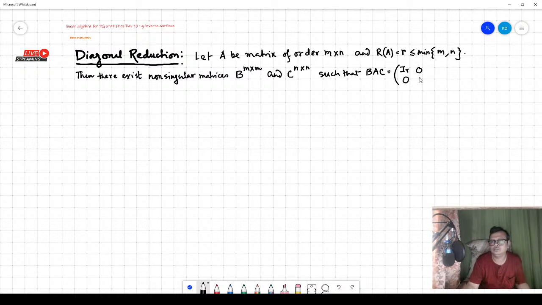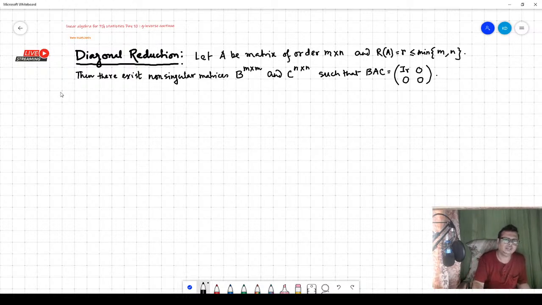So this is always possible using non-singular pre-multiplication and post-multiplication by some elementary matrices.